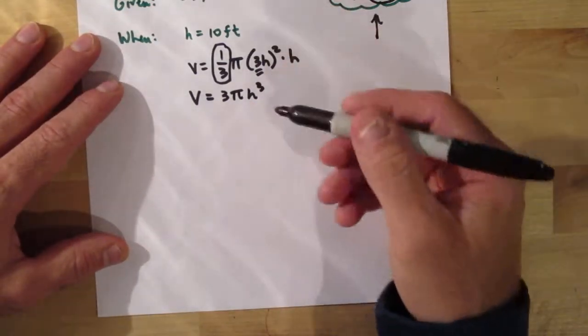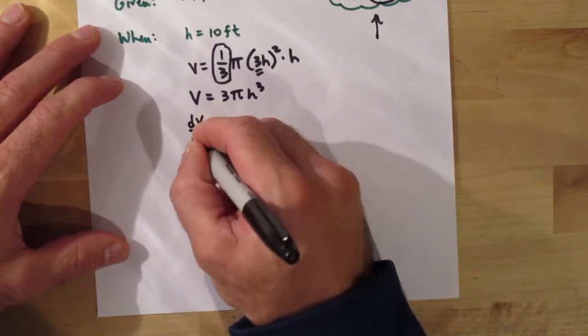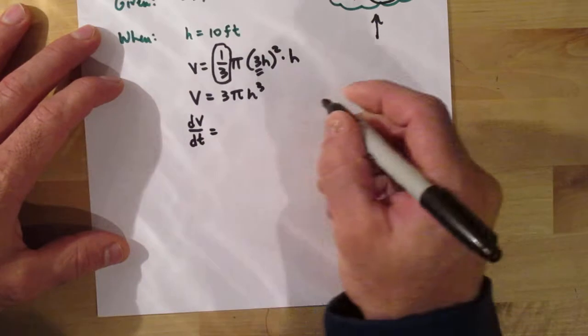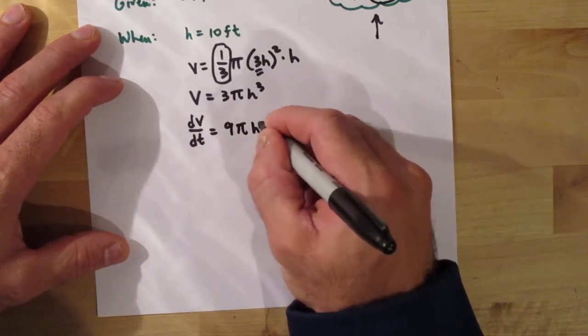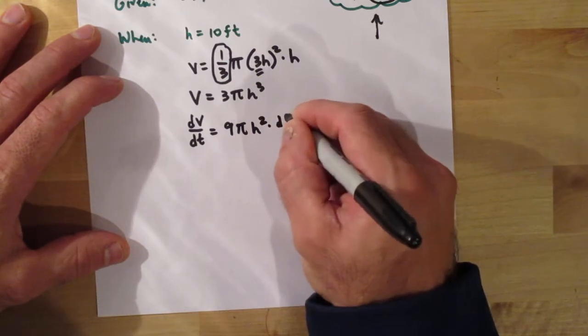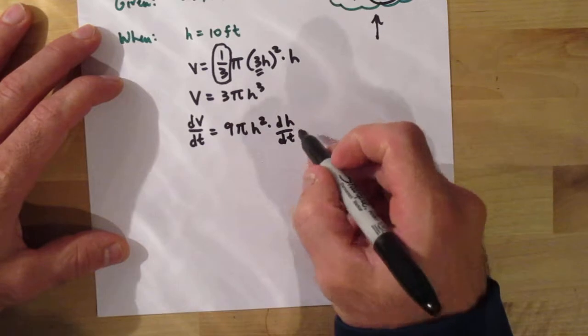Now I can take the derivative of both sides with respect to t. dV/dt, or the change in volume with respect to time, would equal 9 pi h squared times dH/dt. Again, the implicit piece coming in with dH/dt.